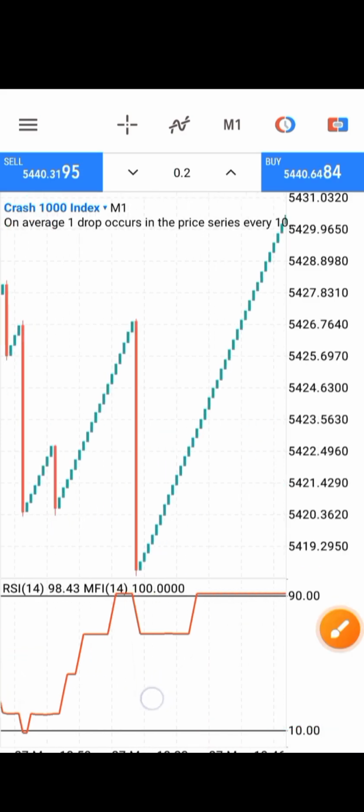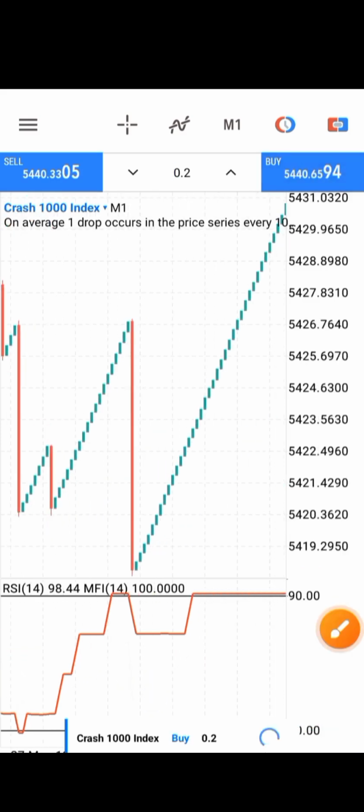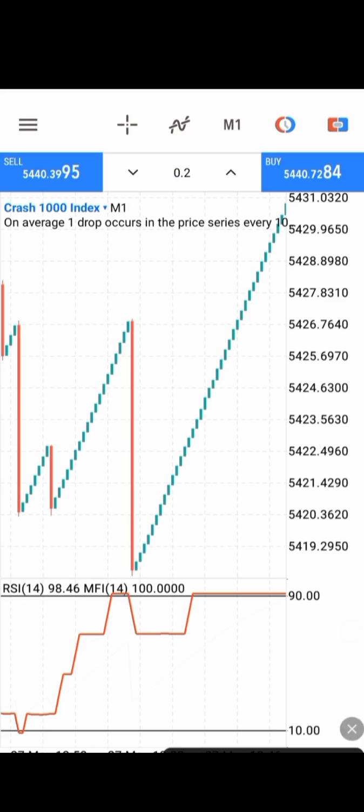We want the MFI to come to the level 90 of RSI. You understand? So when it comes to the level 90 of RSI, please don't do anything yet.